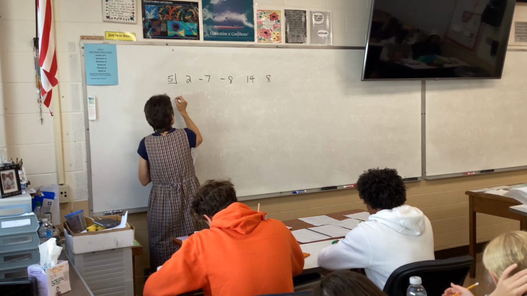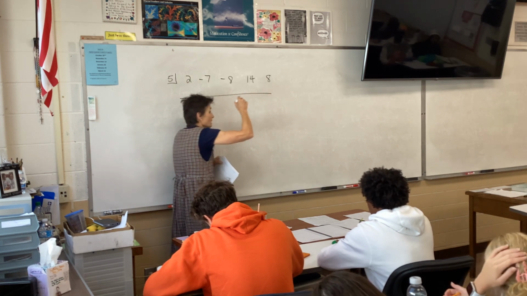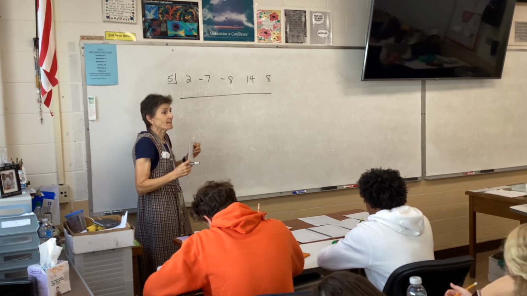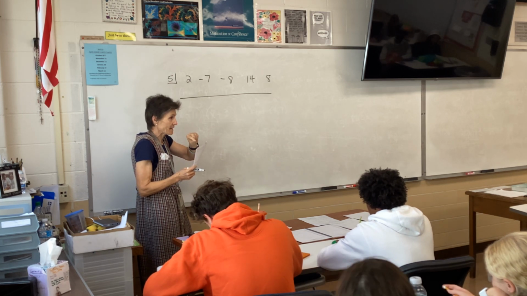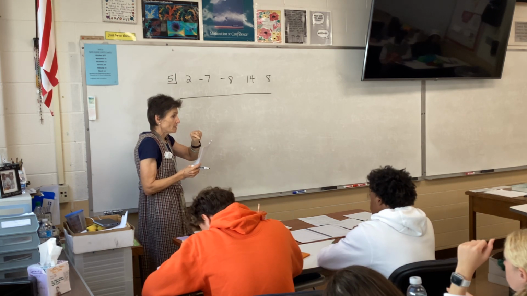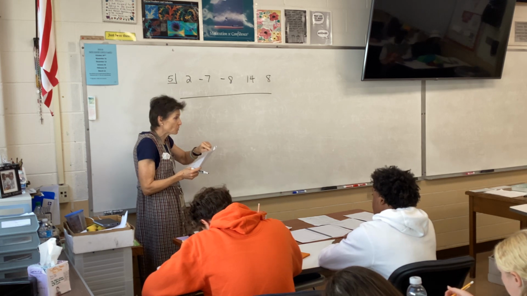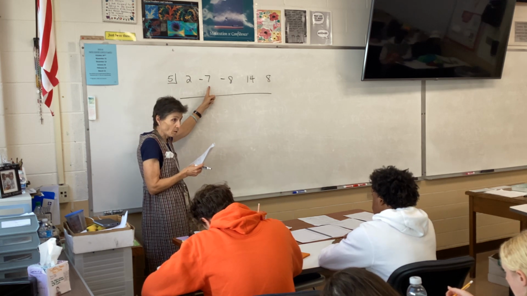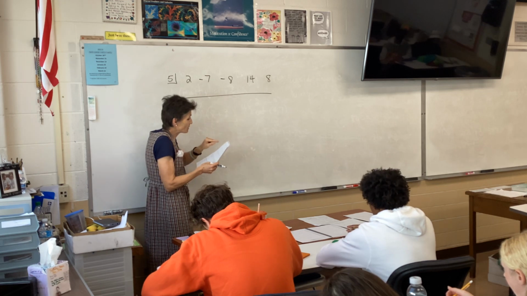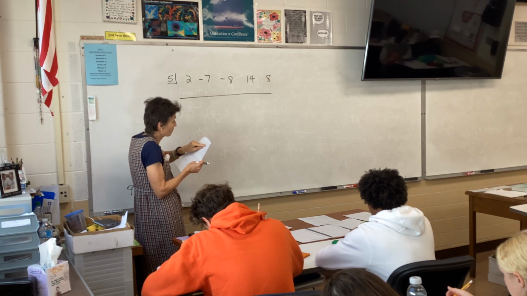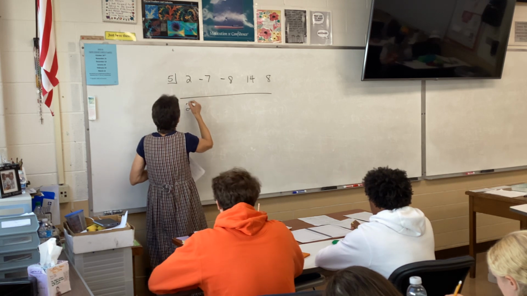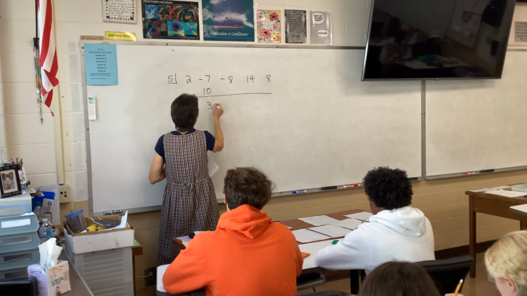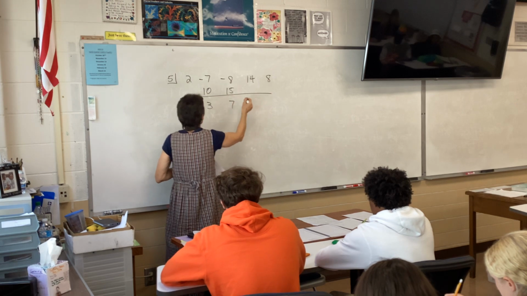One thing we didn't talk about, remember when you do synthetic division, if a power is missing in the problem, like if there had been no cubed in there, you would have to put a 0. You remember that rule? So I'm always real careful when I have these big long problems that everything is there. All right, so let's see, that's 10, 3, 7.